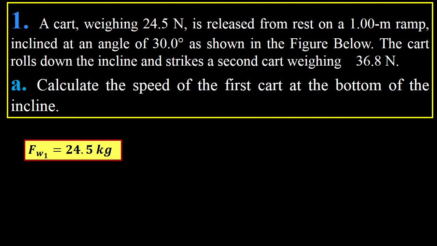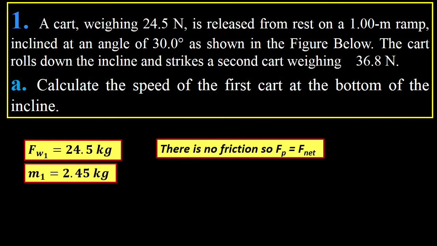That's going to be used to calculate FP, and we'll need M1, the mass of cart 1, which is 2.45 kilograms. I'm dividing by 10. It's just easier. If it was 9.8, it would be 2.5. You'd get a value that's a little different, but in terms of 2 or 3 significant figures, it's really not much. There's no friction again, so FP equals F net.